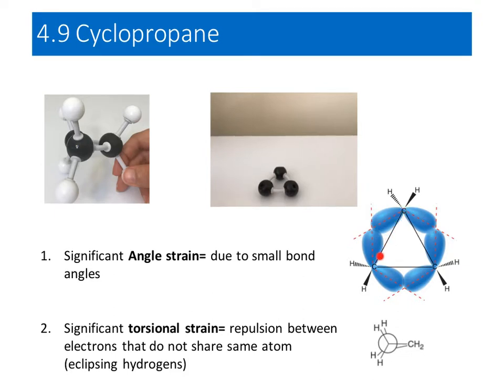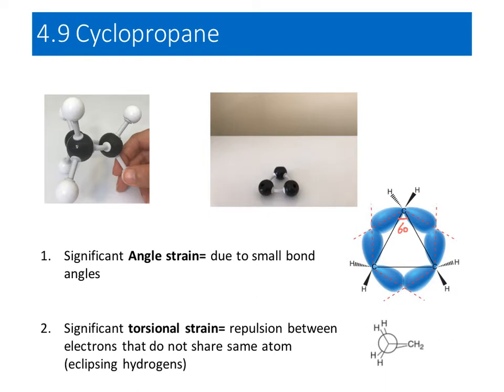However, in the 3-member ring, the bond angle would be 60, which completely deviates from that 109.5 degrees. Therefore, cyclopropane would experience a lot of angle strain.